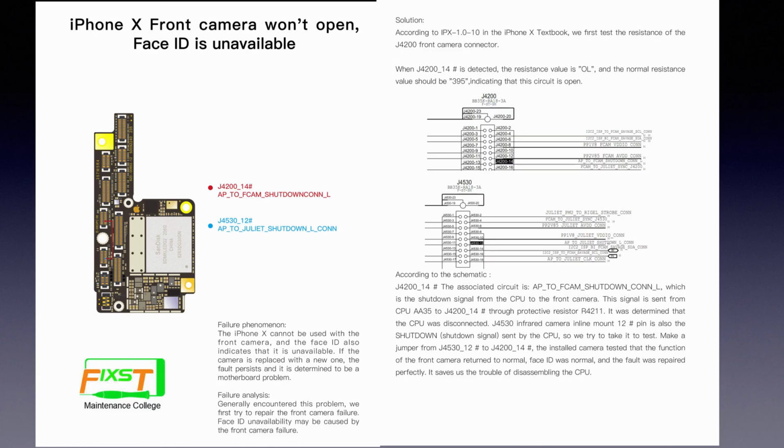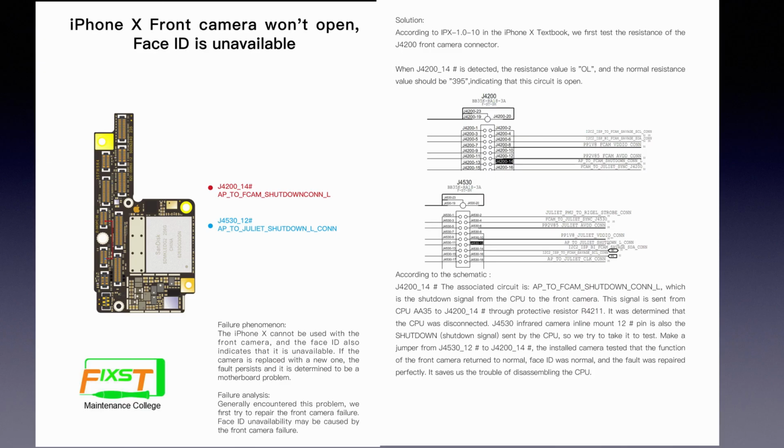This is the iPhone X. The front camera will not open and the Face ID is unreliable. If the camera is replaced with a new one, the fault will persist and it is determined to be a motherboard problem. Generally, we need to repair the FaceTime camera first, because the unreliable Face ID may also be caused by the FaceTime camera problem.